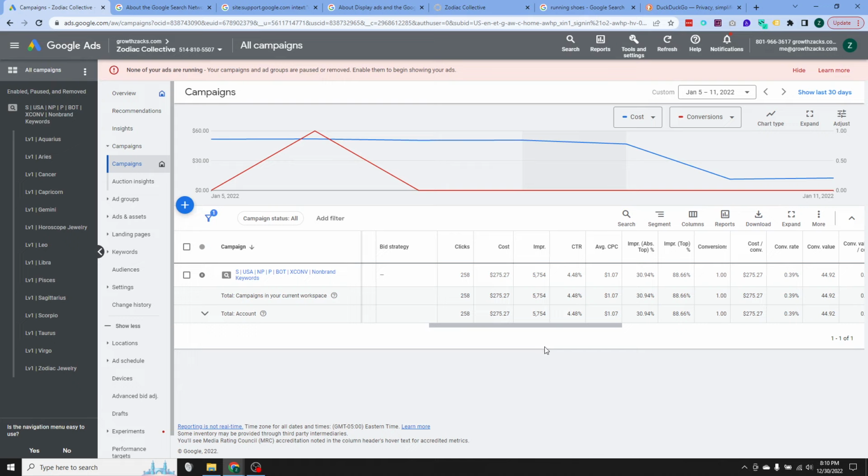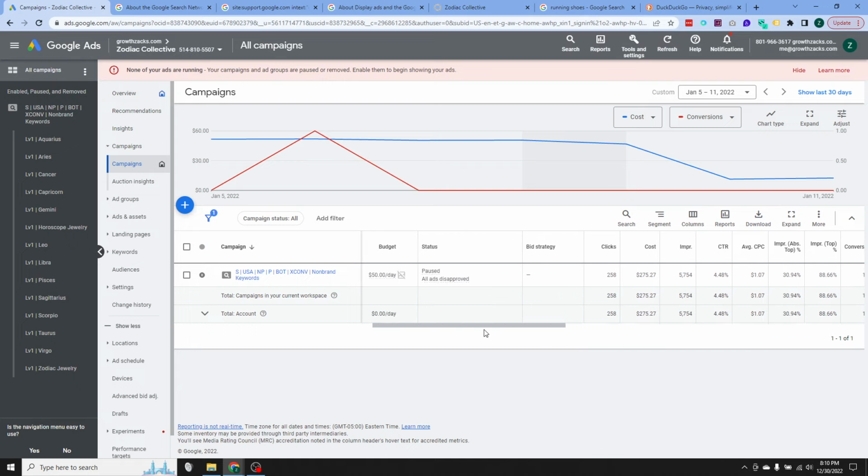But let's say it was better. Let's say your CPA was like $10. Spending $1,000 a day, we're getting a lot of sales every day. You can see very quickly if you make changes to the ad account, you'll either get more conversions or less conversions. You'll be able to measure it in a matter of days if your changes have actually made an impact. And that's what this does. This lets you see that easier.